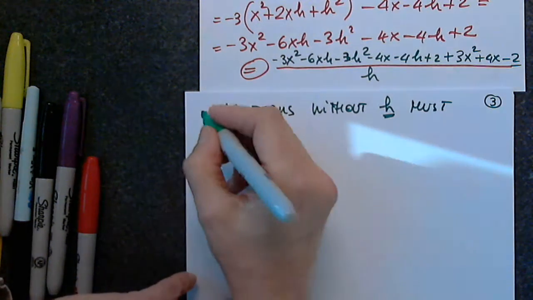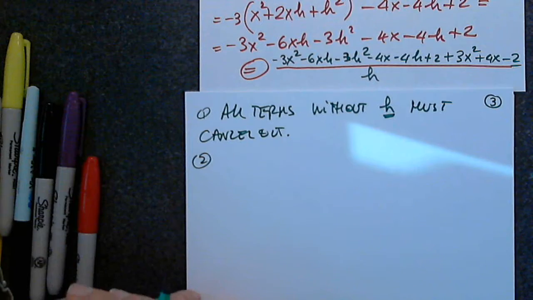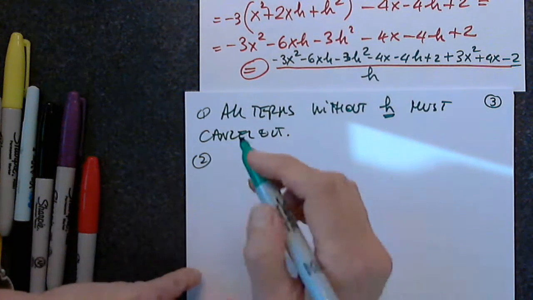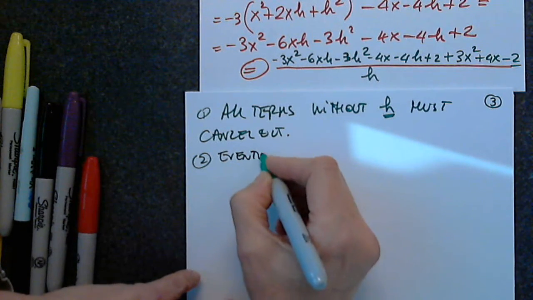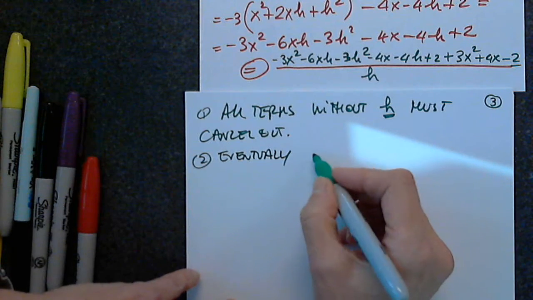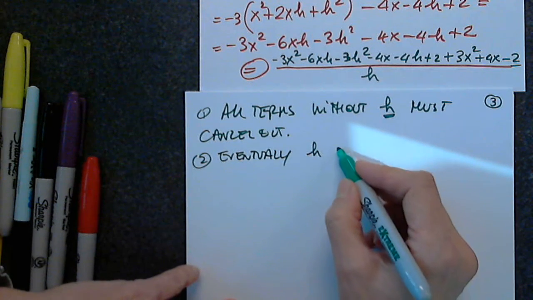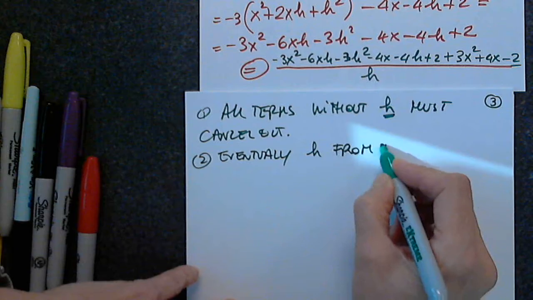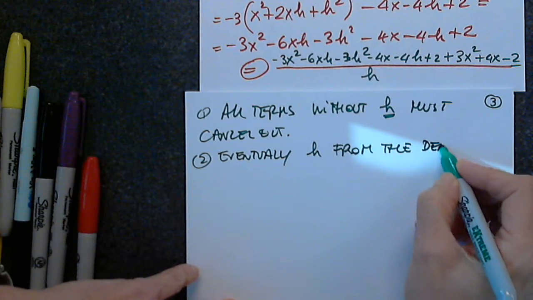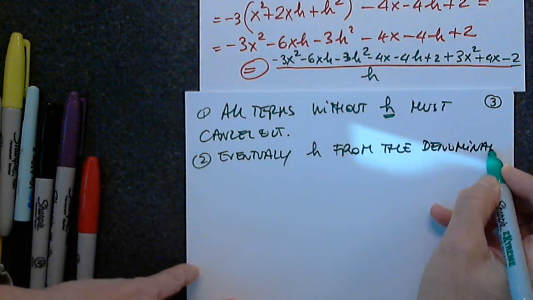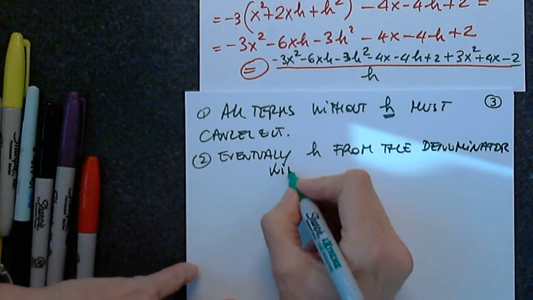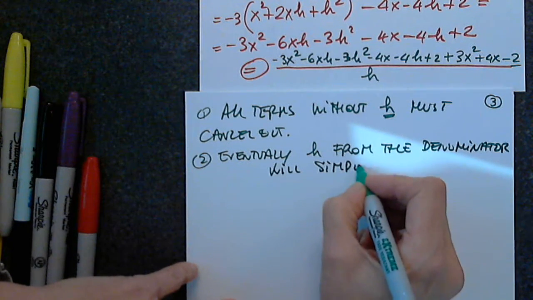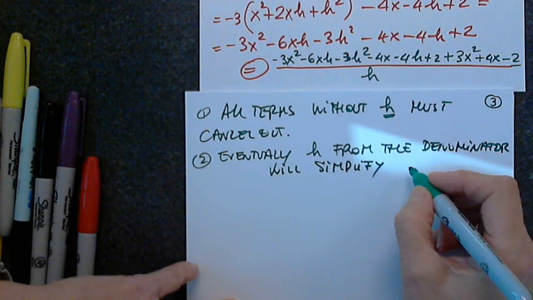That's the first thing. Number two, eventually, the little h from the denominator will simplify with an h from the numerator.